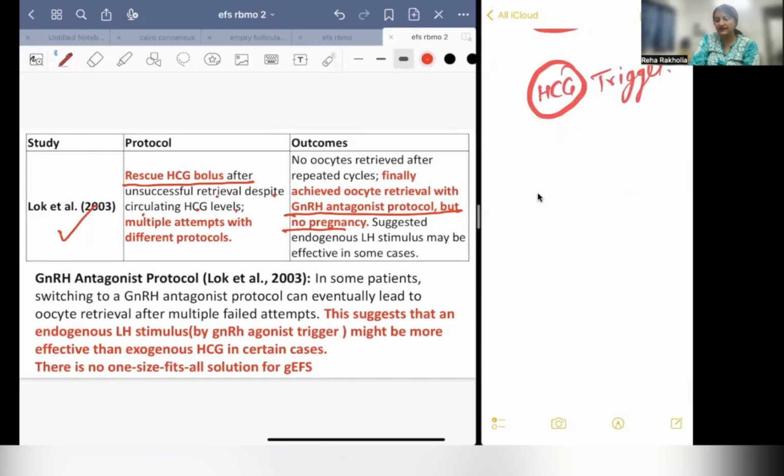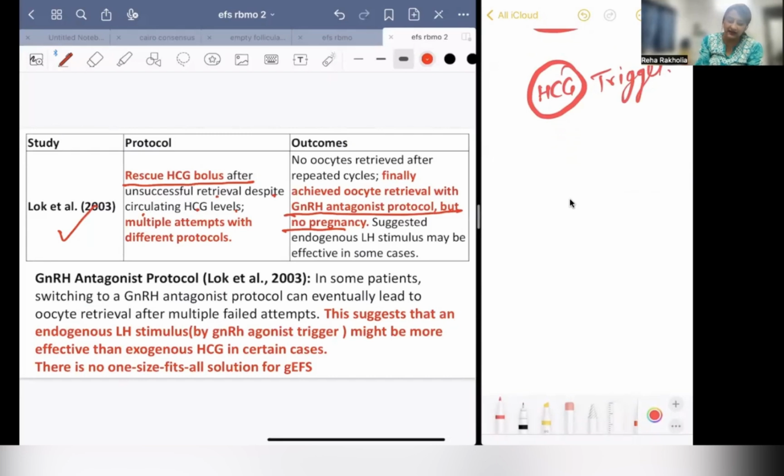Okay, finally what they did was they changed into GnRH antagonist protocol and they gave agonist trigger. So in some patients, switching to GnRH antagonist protocol can eventually lead to oocyte retrieval after multiple failed attempts.